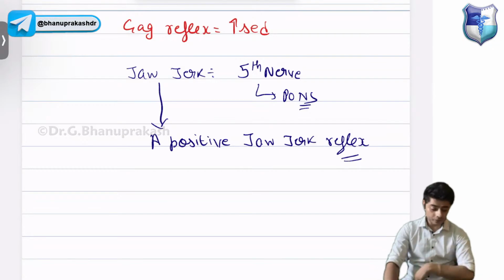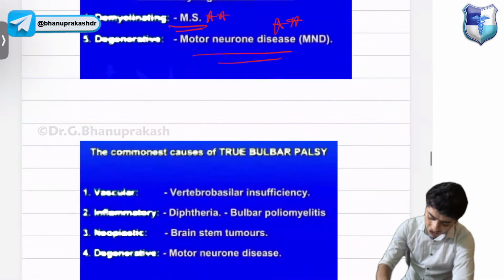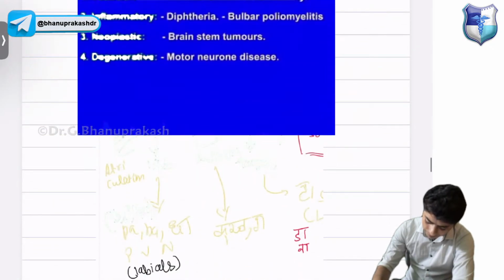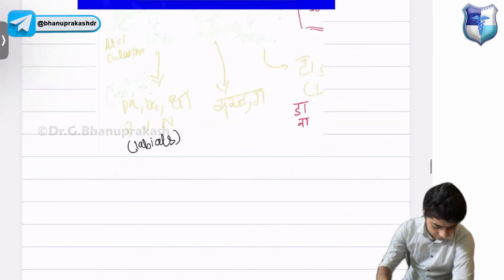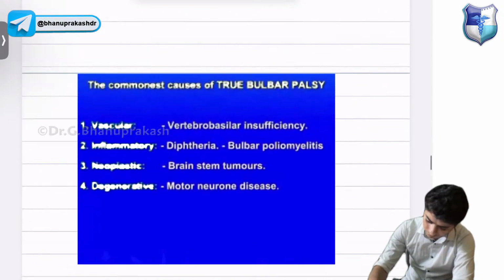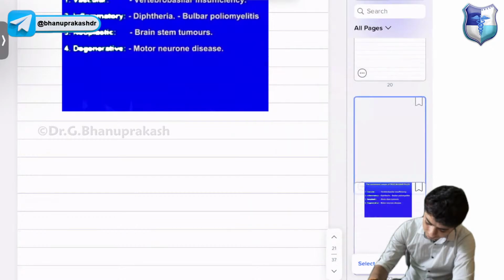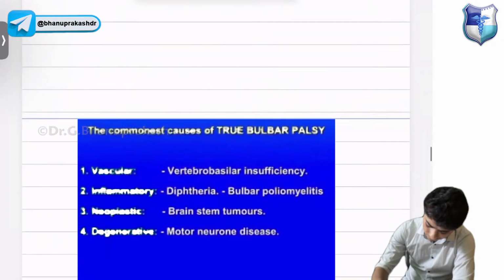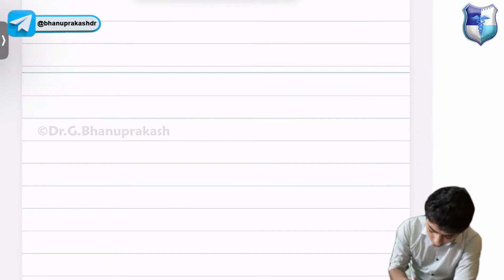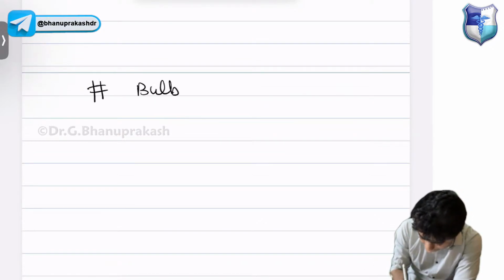Okay, so after completing this reflex, we will come to the causes of bulbar palsy. Causes of bulbar palsy.